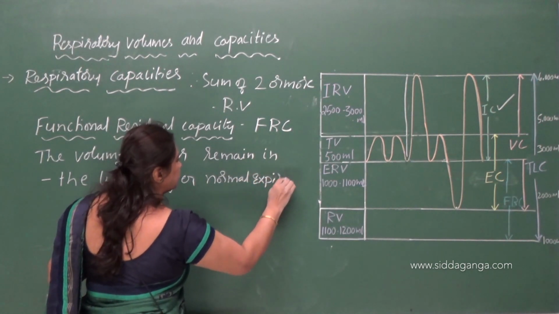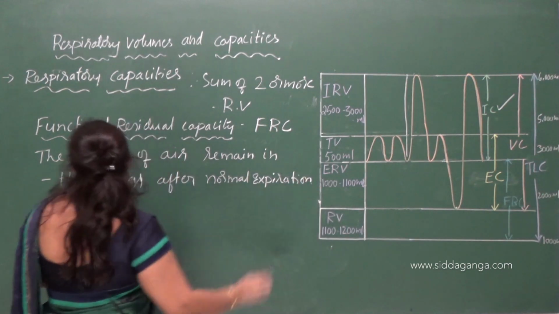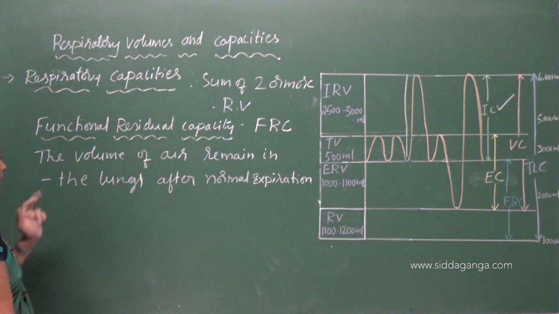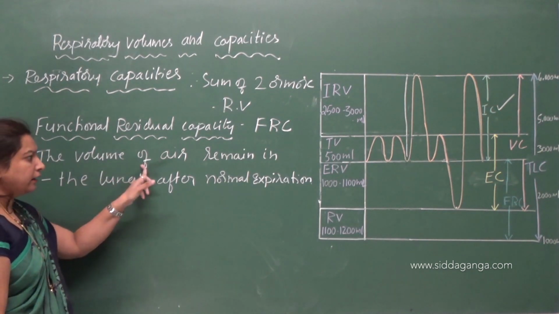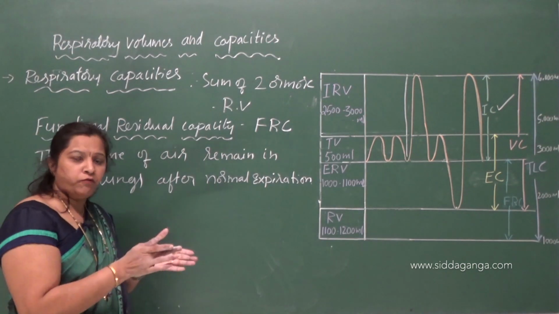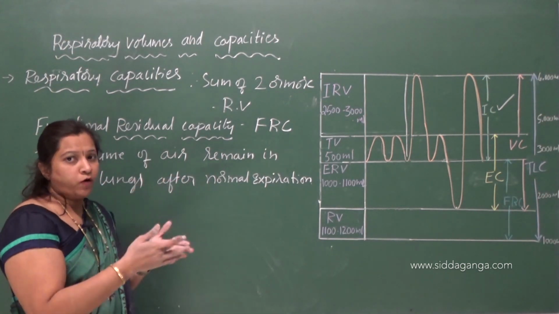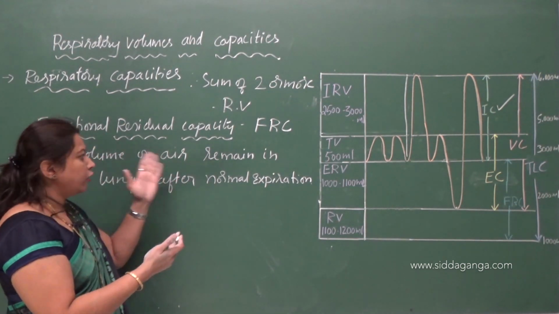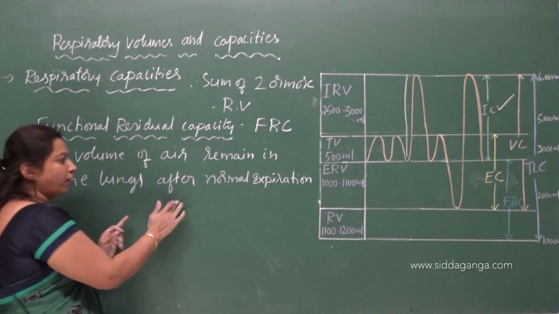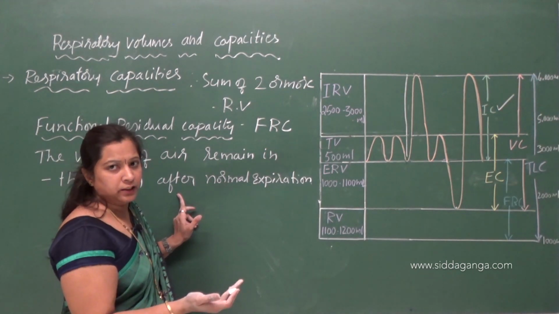This is called functional residual capacity, FRC. What is FRC? The volume of air remaining in the lungs, or else the total volume we can say. So the volume of air remaining in the lungs after normal expiration.